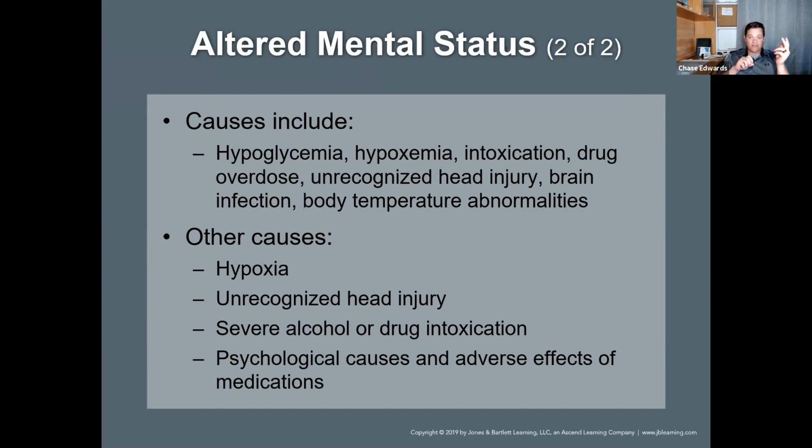After an injury, also look for medical identification bracelets or medications that might confirm your suspicions. Some other causes of AMS are going to be hypoxia, unrecognized head injury, and severe alcohol or drug intoxication.